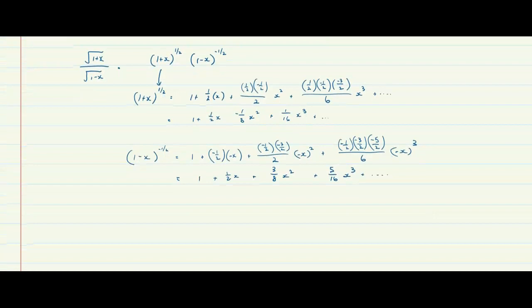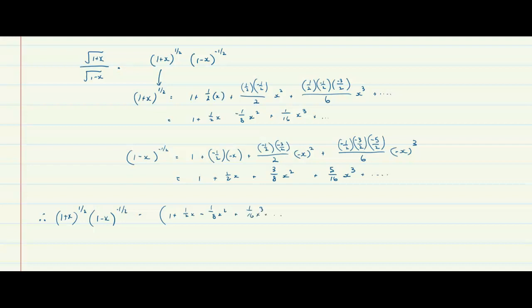So if we look at the product of our 2, we could write that as 1 plus x to the half multiplied by 1 minus x to the negative a half. Well, this is 1 plus a half x, minus an eighth x squared, plus a sixteenth x cubed.